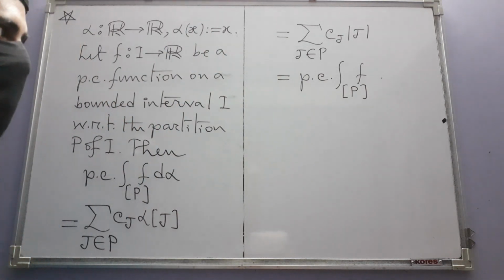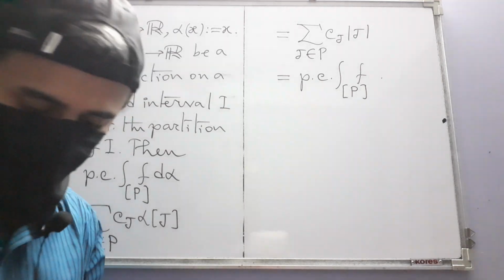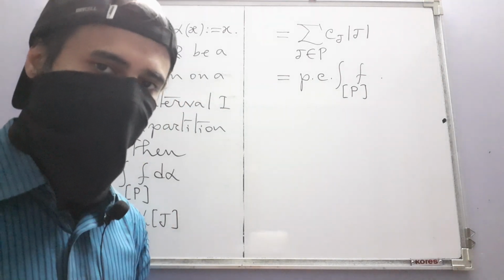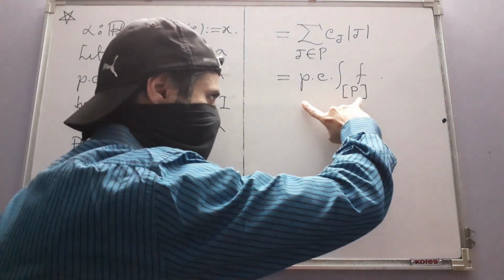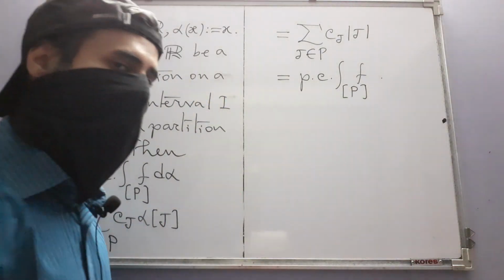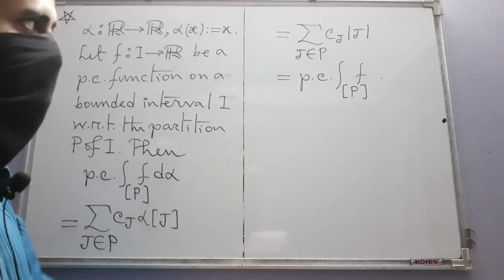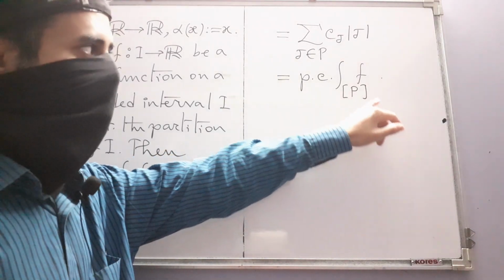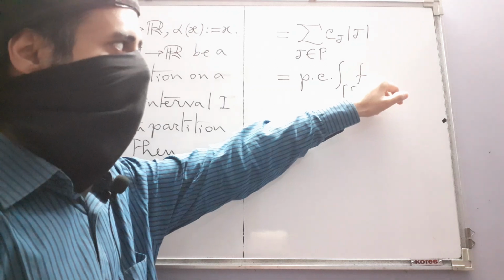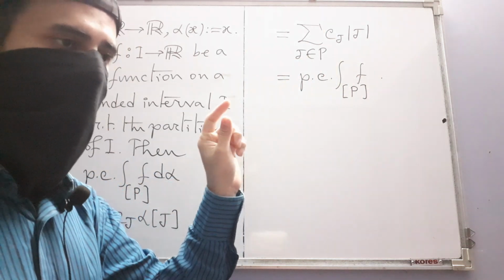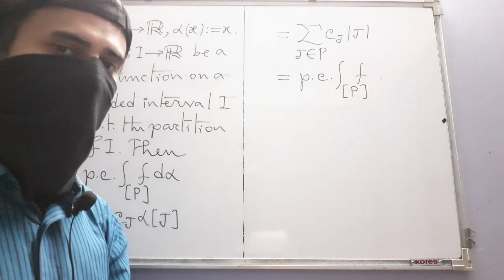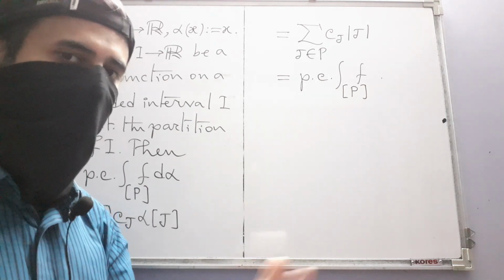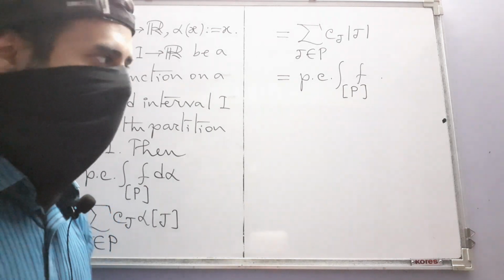Alright, now let us also recall that when we were developing the theory of Riemann integrals, after defining this, what did we do next? We next saw a result where we saw that for a PC function f on I, it can actually be PC, piecewise constant, with respect to two different partitions, many partitions actually, P1 and P2.